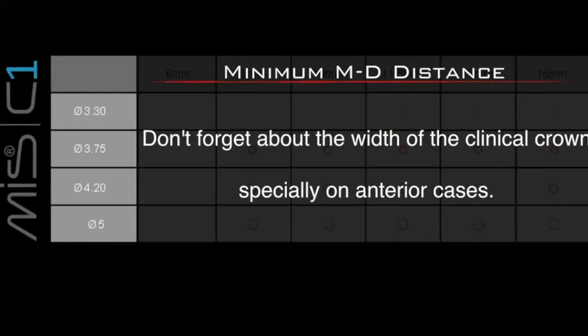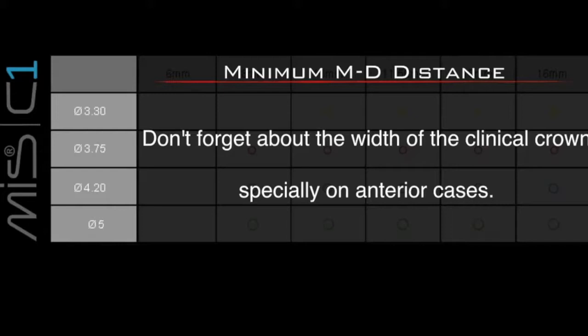But don't forget that the vector of forces, those axial forces and the biomechanics of that, most likely are going to transfer into that narrow diameter implant, and it is going to fracture at the path of least resistance, which is the connection, or the level of the Morse taper connection.